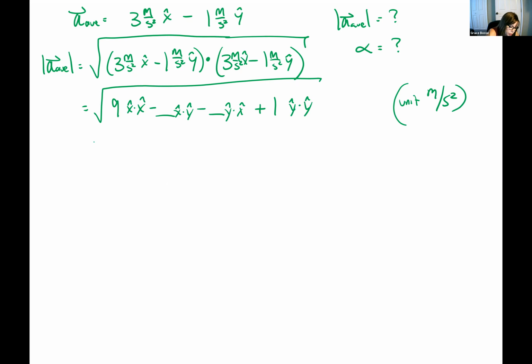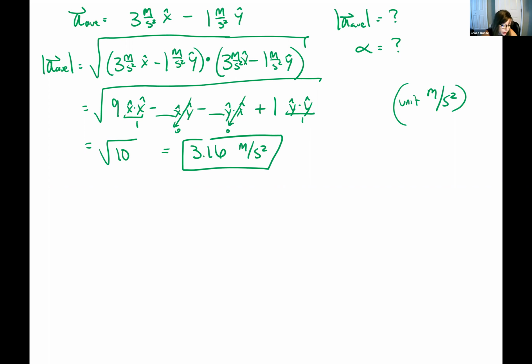Those two inner terms are going to go to 0 because x hat dot y hat is 0, and x hat dot x hat is 1. And so I get the square root of 10, which is about 3.16. And again, everything had units of meters per second squared.